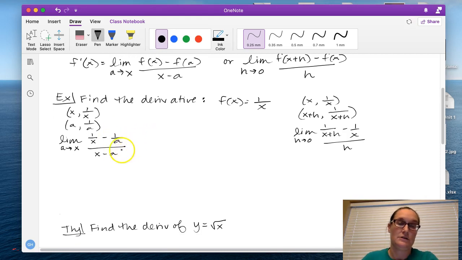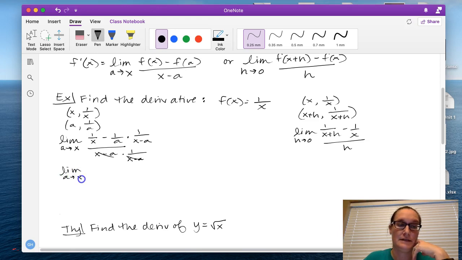The first thing that I would do is get rid of the improper fraction. We want to get a common denominator. This is why when we were doing limits in the third section of the limits unit we did problems like this, because for derivatives, you've got to do stuff like that. So we're going to multiply top and bottom by 1 over x minus a to get rid of the awkward second denominator.